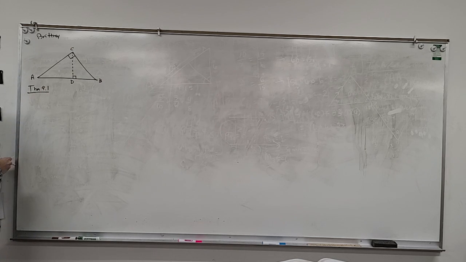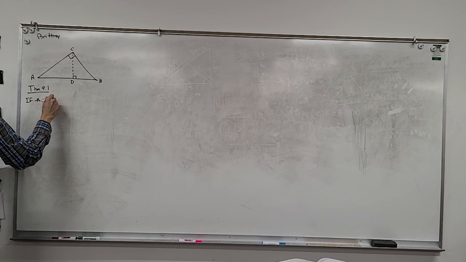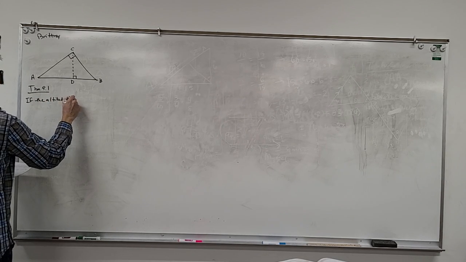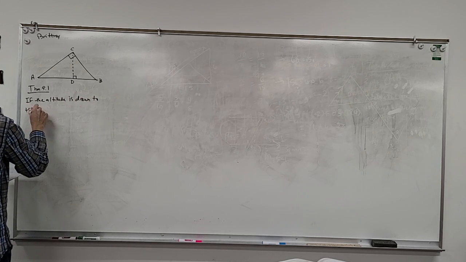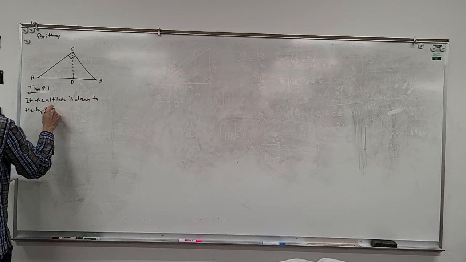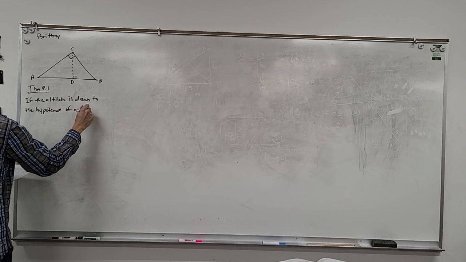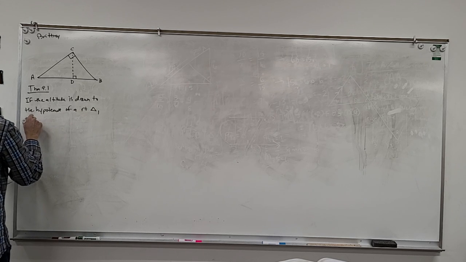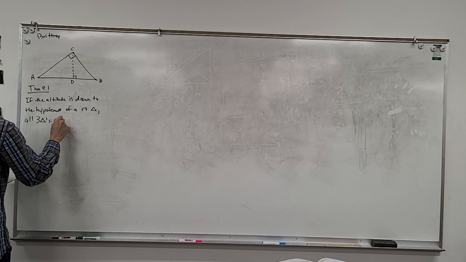So theorem 9.1 says if the altitude is drawn to the hypotenuse of a right triangle, all three triangles are similar.